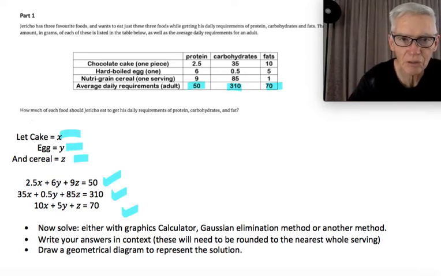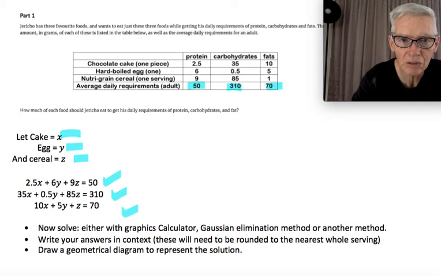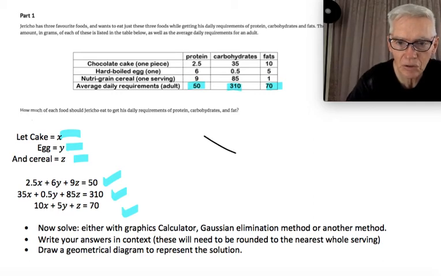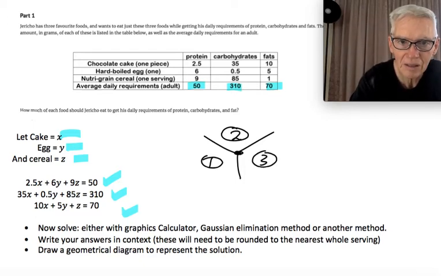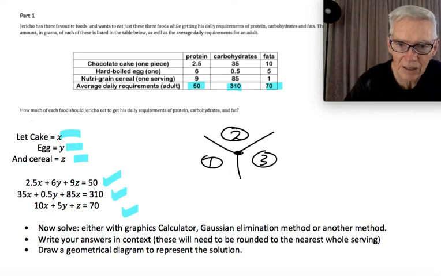So let's just go over it one more time. The easiest way to draw a diagram for this is to draw a Y shape. There's your solution there. This represents equation 1, this represents equation 2, and equation 3. I'm just going to color it in with a highlighter here.